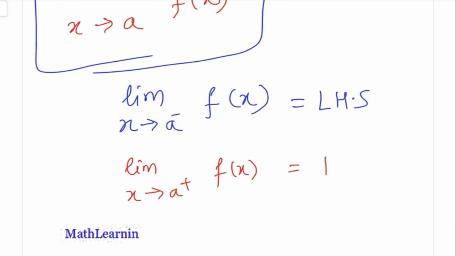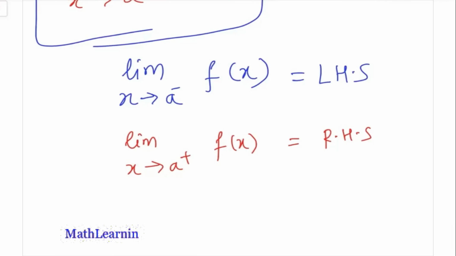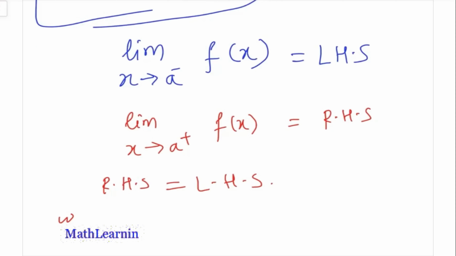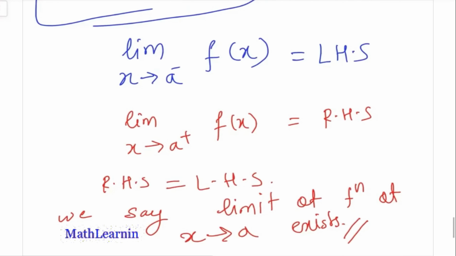So what happens if this RHL is equal to LHL? Then we say that the limit of the function at a exists. This is the definition.